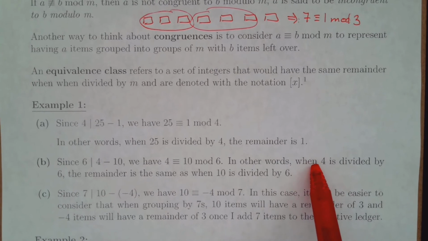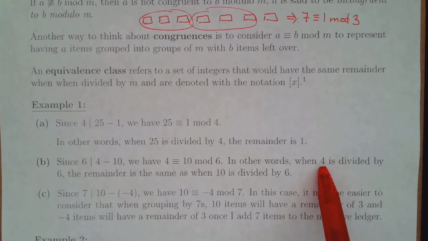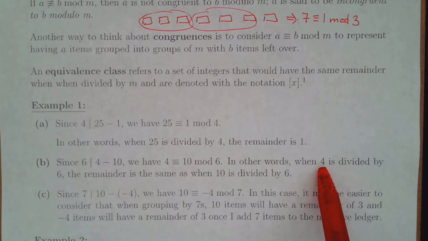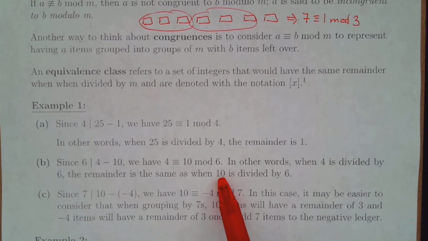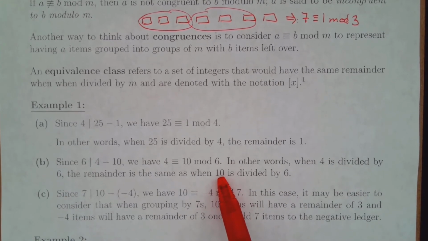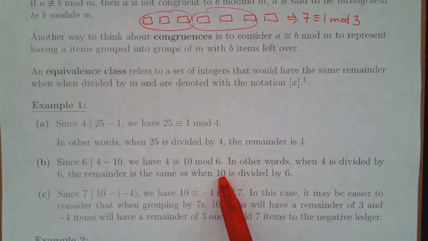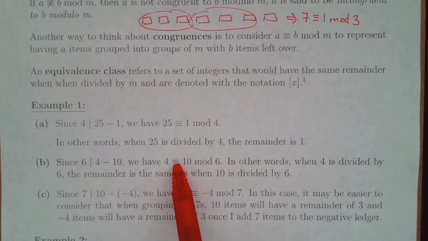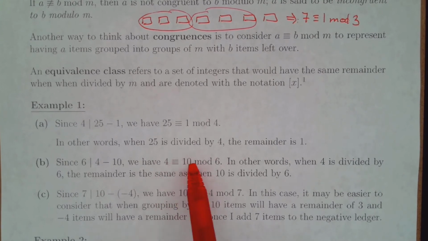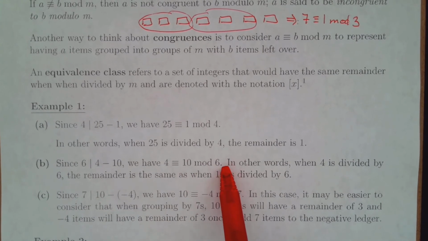If I had 4 items and I said get them in groups of 6, how many do I have left over? You've got 4 left over. And it would be the same if I had 10 items. I said, hey, 10 items, get them in groups of 6, how many are left over? Well, once again, 4 left over. So that's where we have this equivalence, that we're going to have the same remainder when grouping by 6.